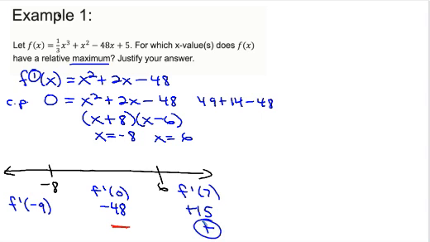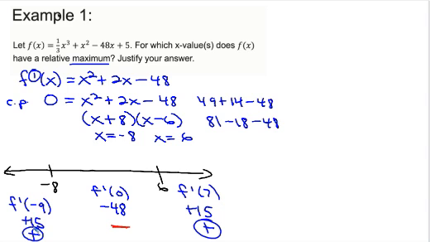And over here, I'll save us some time. This one is also going to be positive because we have 81 minus 18 minus 48, which is still a positive 15. Okay? So this is positive.